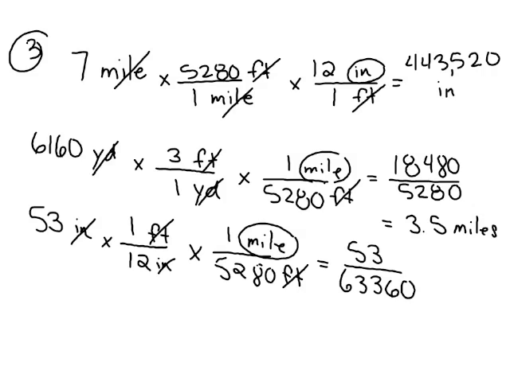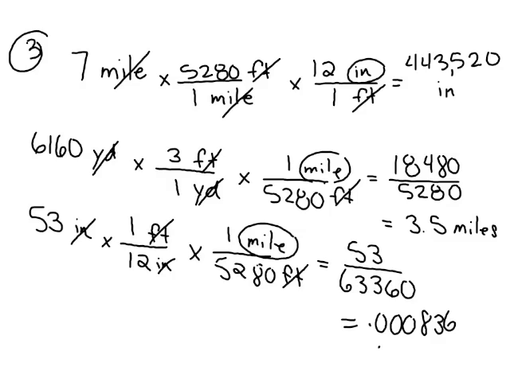Then to come up with a decimal, you divide 53 by 63,360. Grab your calculator. 53 divided by 63,360. 0.0083649. Okay, so let's round. What place is that?